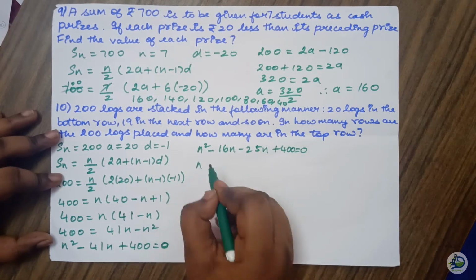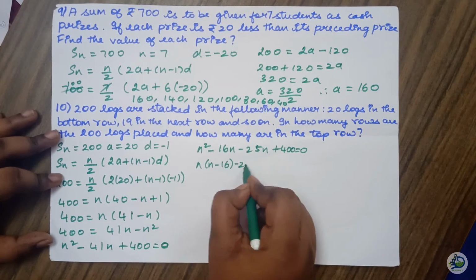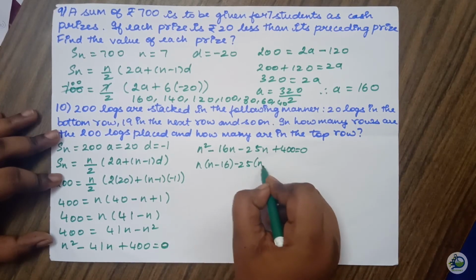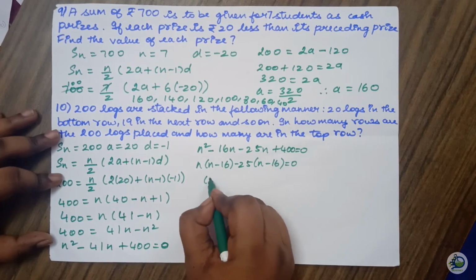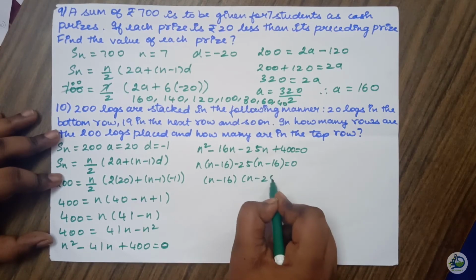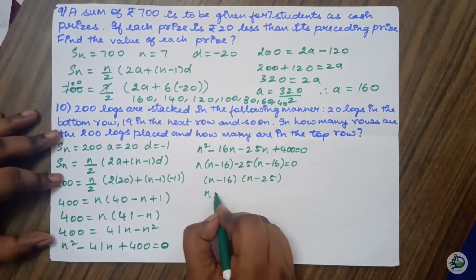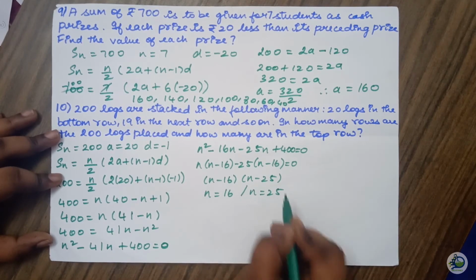Here I can take n common, so n into n minus 16. Here I can take minus 25, so minus 25 into n minus 16 equal to 0. So n minus 16 is taken common, and the left out is n minus 25. Therefore n should be equal to 16 or else n should be equal to 25.